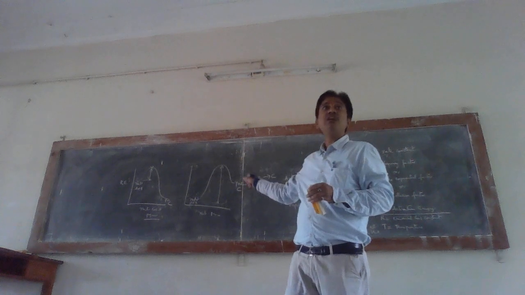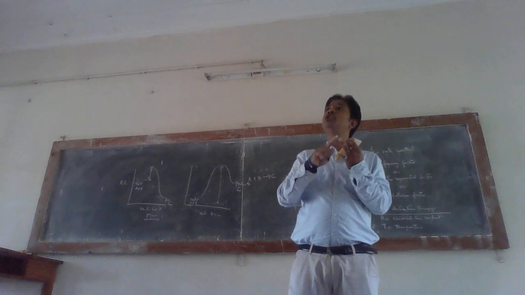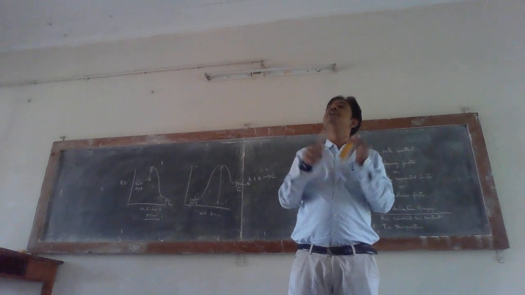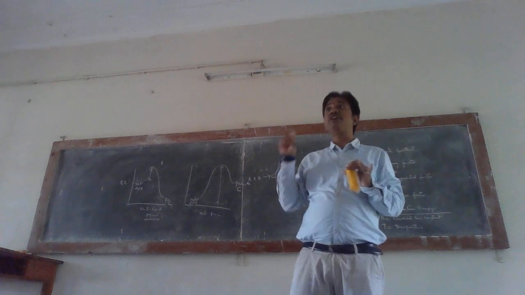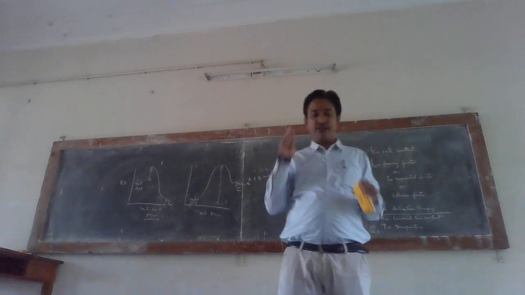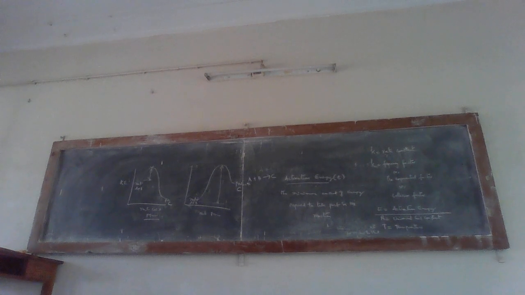Now look at the two graphs here. You know exothermic reactions, you know endothermic reactions. Now clearly look at the graphs and tell me which curves are for exothermic and which are for endothermic. Look carefully. You know exothermic? What is exothermic?